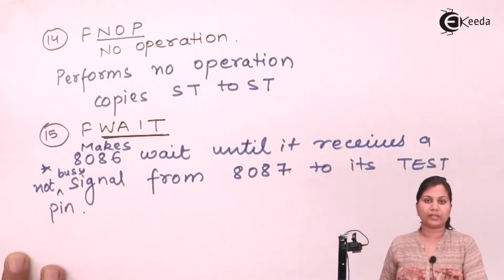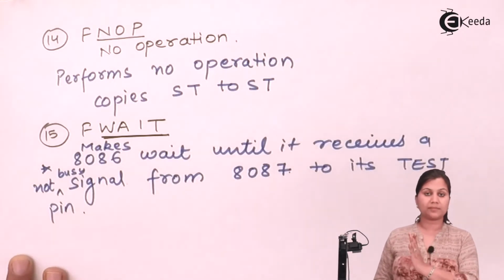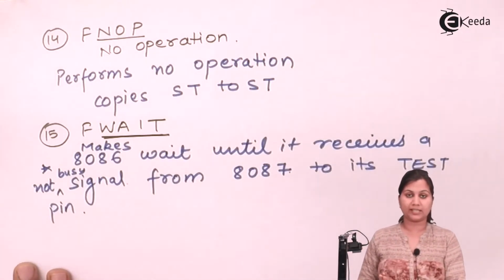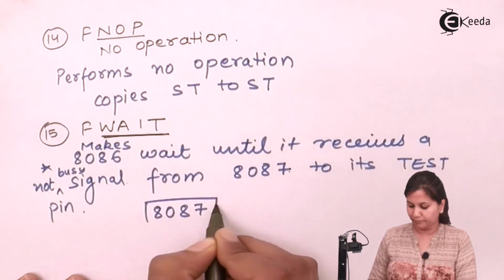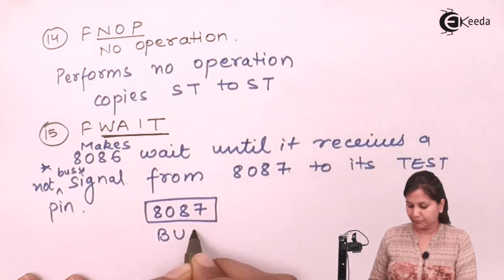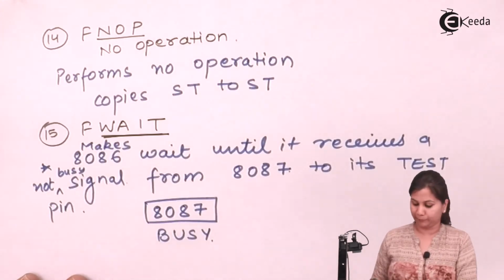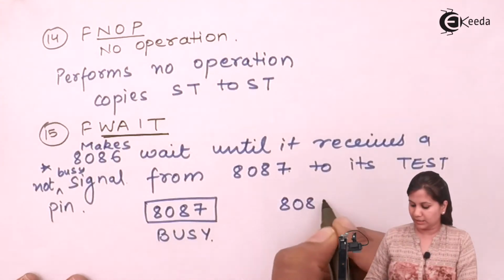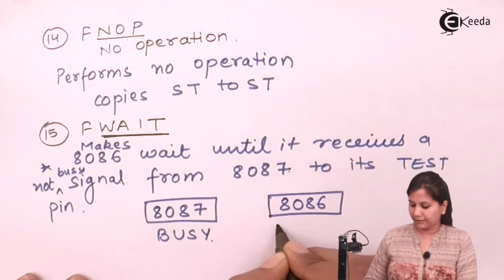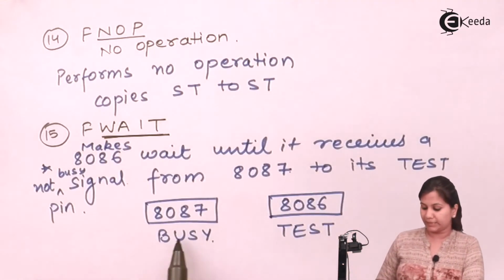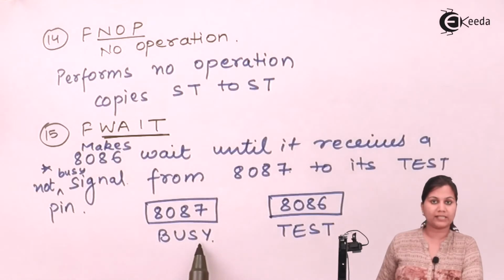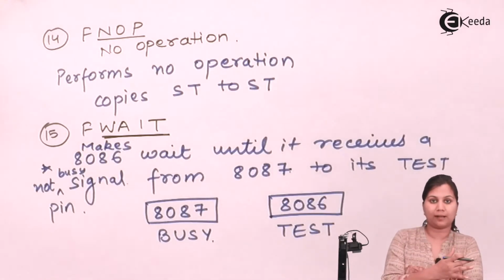Now when the 8087 communicates with its main processor 8086, the 8087 has a pin called the busy pin, and the 8086 has a line called the test pin. Now when busy is shown by the 8087, it means that it is busy in some operation.